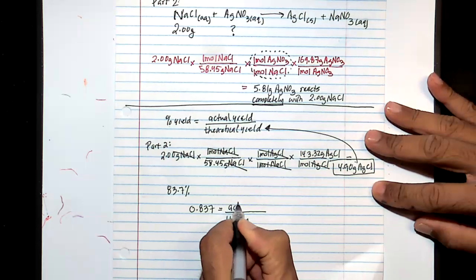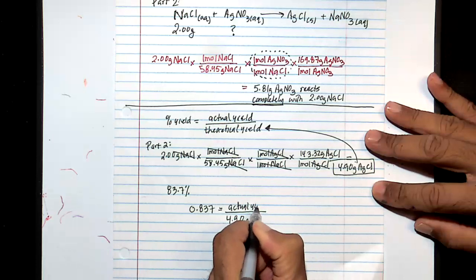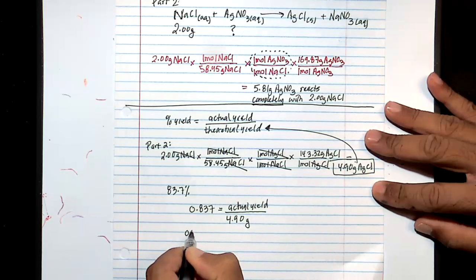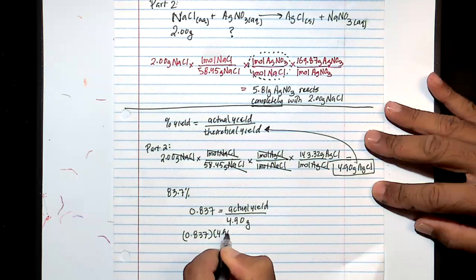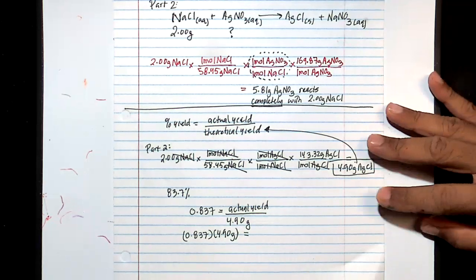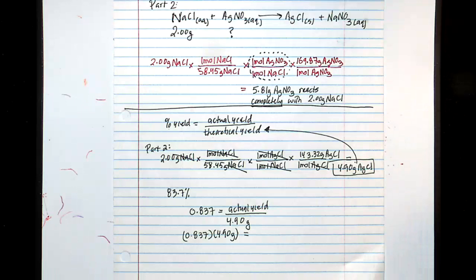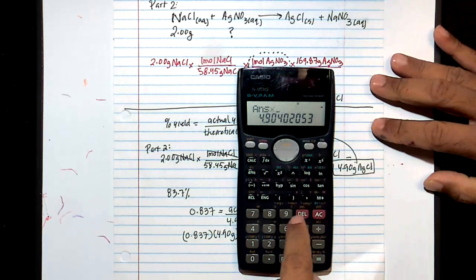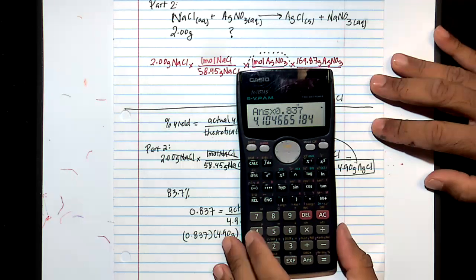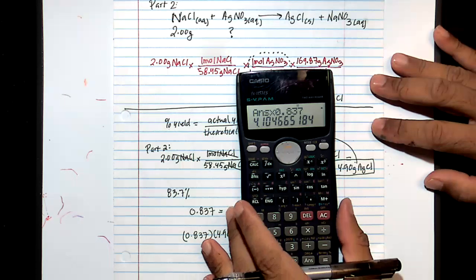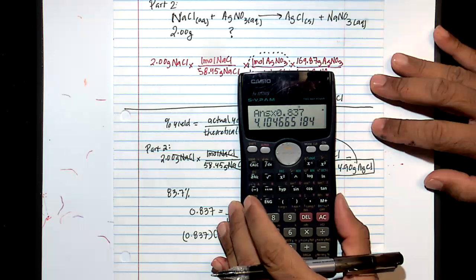Our actual yield is what we want to solve for. So you just multiply, 0.837 times 4.90 grams. 4.10 grams is the actual yield.